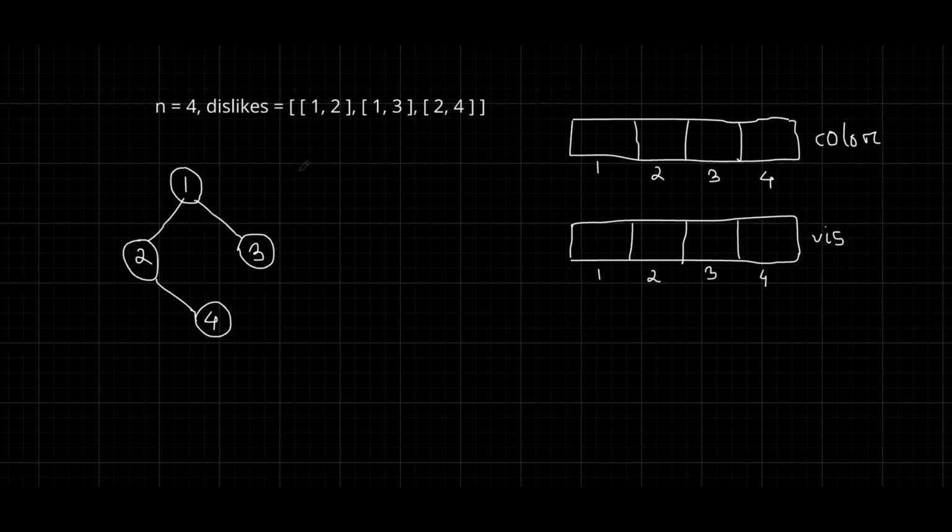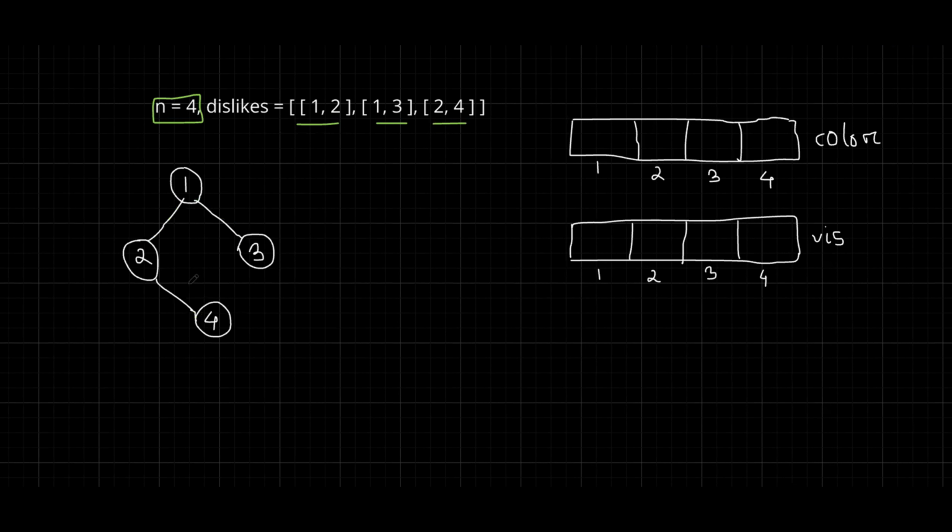Here, to understand the algorithm, we have taken this example. The number of people is 4 and the dislikes values are [1,2], [1,3], [2,4]. So 1 and 2 are connected, 1 and 3 are connected, 2 and 4 are connected.